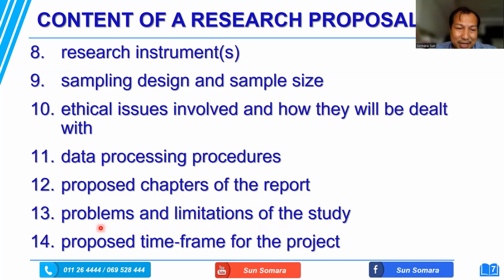Then show the problems and limitations of the study. The study might have some limitations. For example, if you study only one group of students or people, the scope of that study cannot be generalized.